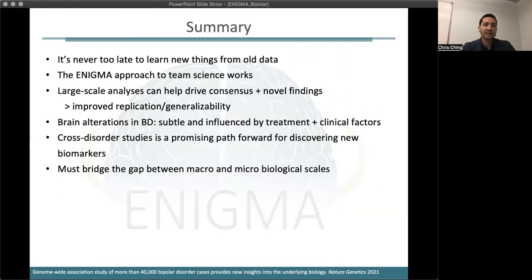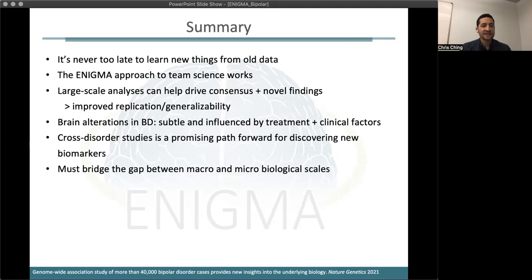Now, in summary, I'd like to hope that I conveyed that it's never too late to learn new things from old data. I think we've been showing over this past decade that the ENIGMA approach to team science can really work, that these large-scale analyses can help drive consensus as well as novel findings while improving our replication and generalizability of these studies.